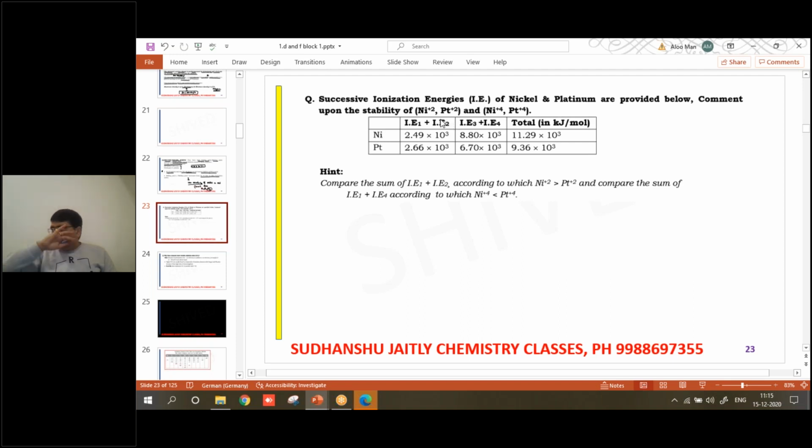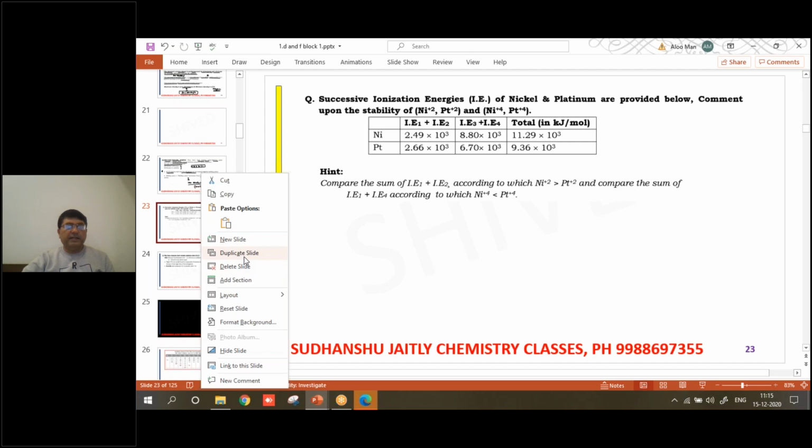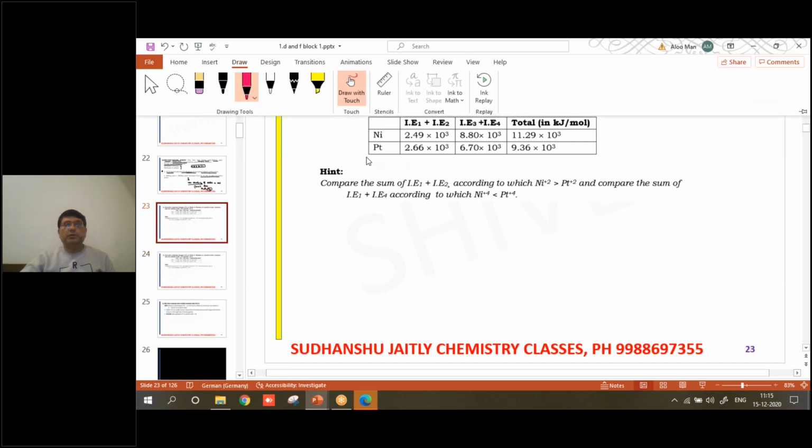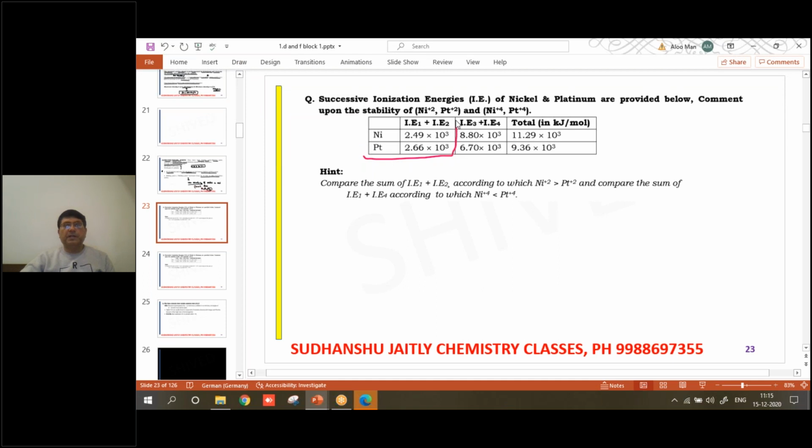See, successive ionization energies of nickel and platinum are provided below. Comment upon stability of +2 and +4. Look, children, see one by one. See here, only up to +2. For nickel and platinum +2, which is going to require more energy?